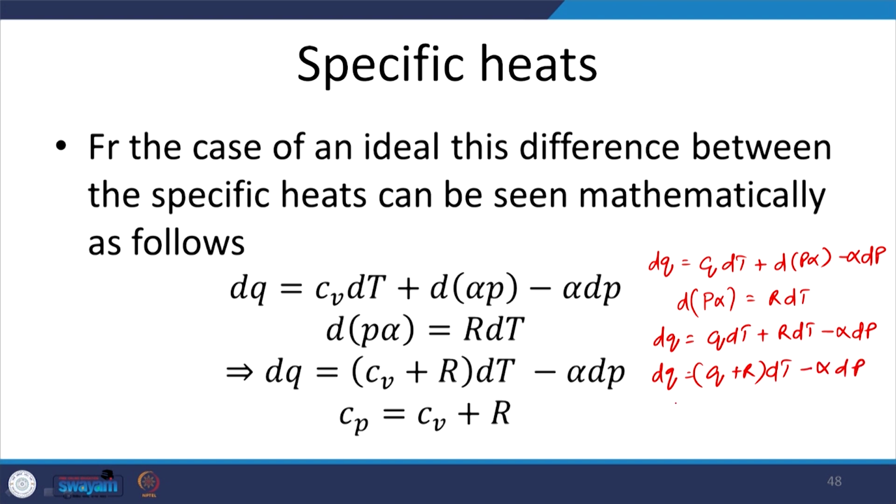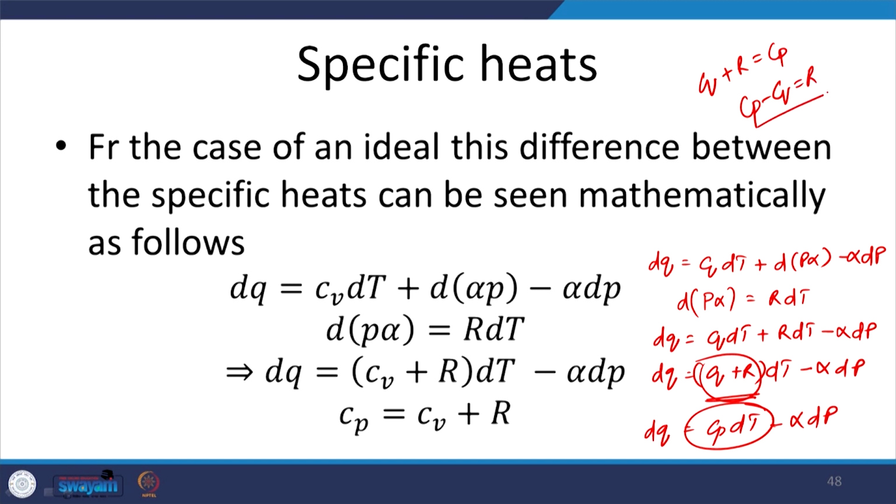So, the point is, Cv plus R is nothing but Cp, so dq is Cp dt minus alpha dp. This is the transition: Cv plus R is Cp, or Cp minus Cv is equal to R. What is R? The gas constant.